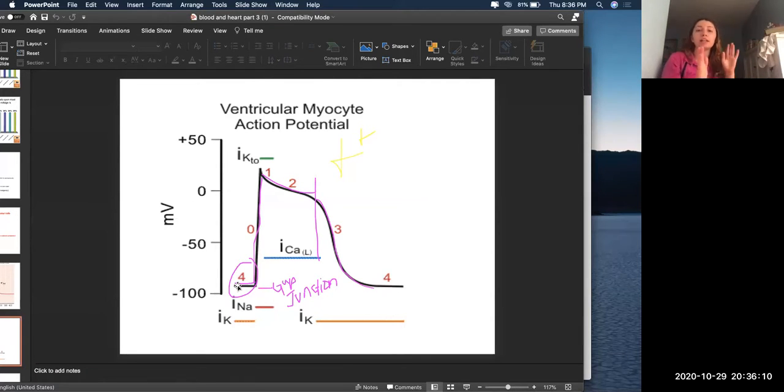And once the myocytes get this electrical current, or the depolarization, then it basically opens these sodium ion channels, and they rapidly depolarize until it hits the action potential. Once it hits action potential, then the L-type calcium channels will open, and so will the potassium channels. That's why it kind of stays at an even keel for the most part.